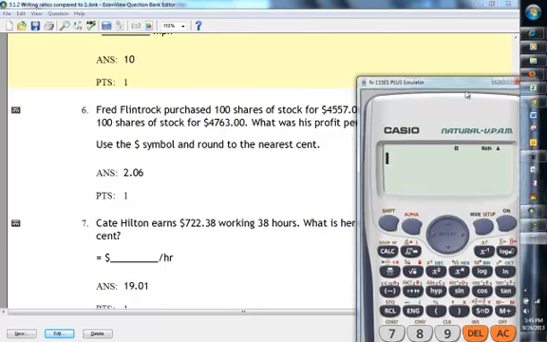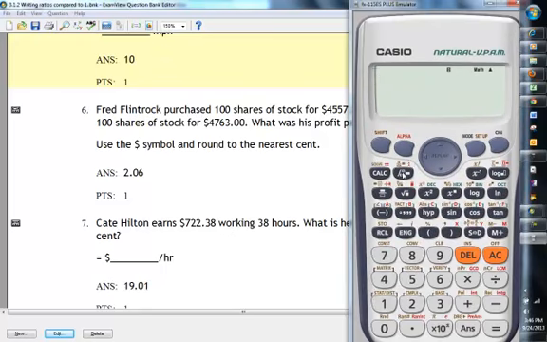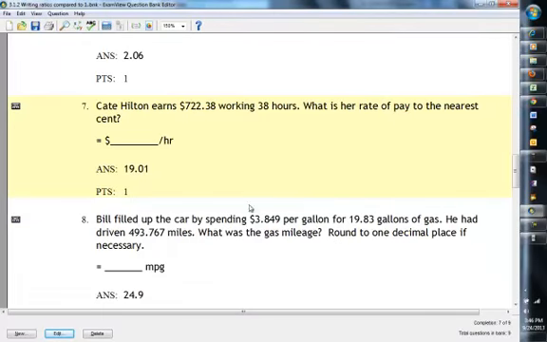Okay, so on number 6, we're doing profit per share. Well, the numerator will be 47.63 minus 45.57. That's the amount of profit, and it's over 100 shares, so our profit per share would be $2.06.